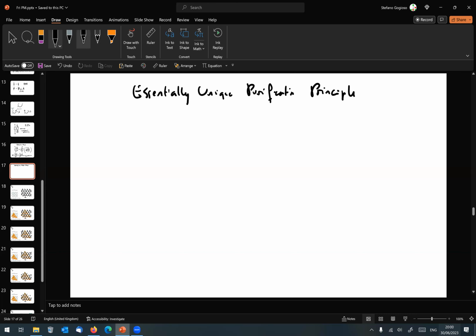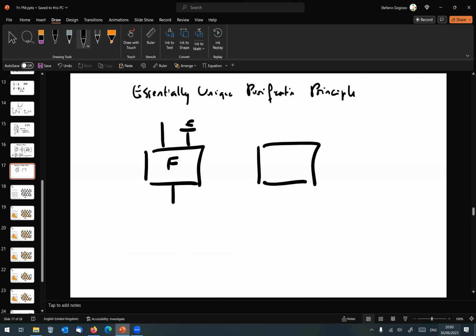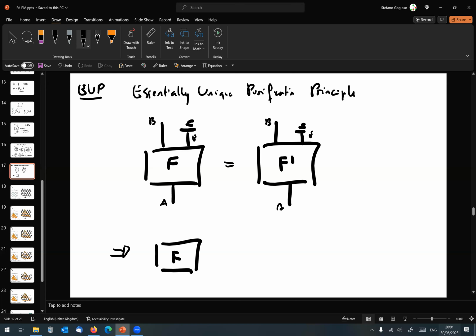If two pure maps are equal when I discard some bit of it, and they have otherwise the same signature, so if I discard the same environment or the same system in F and F prime, then I get an equation like this. Same input, same outputs, doesn't matter, and same discarded system. Then actually, this is EUP, it's called. Actually, the two maps originally must have been very similar.